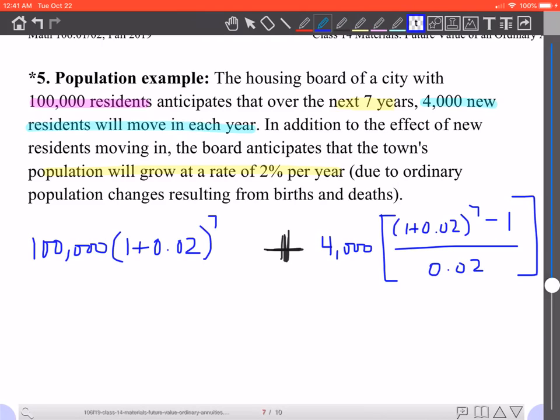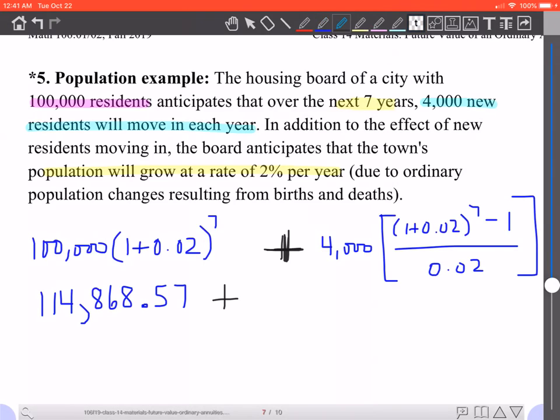This is going to be 114,868. And I'm not going to round this yet, even though we are talking about people. I'm just going to leave it at 114,868 and 57 hundredths.